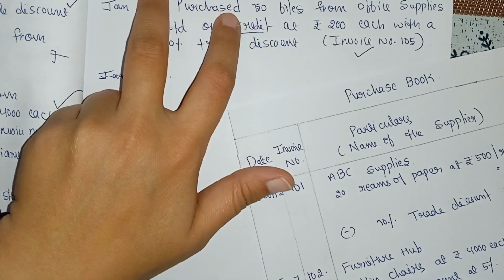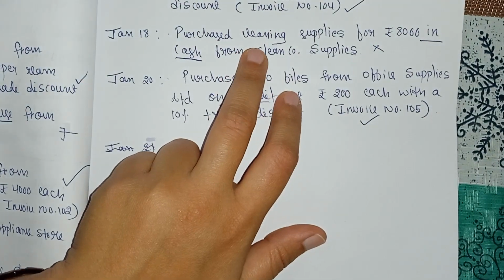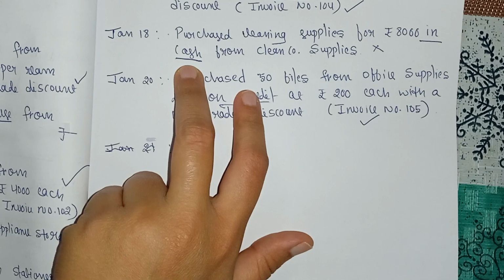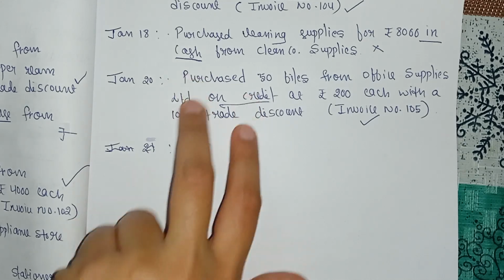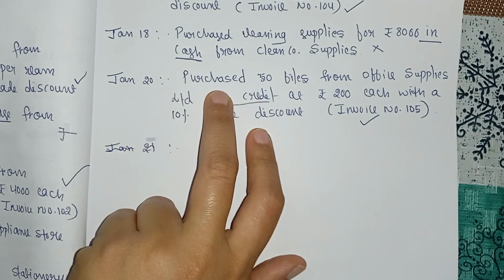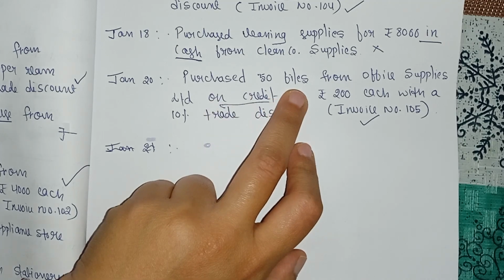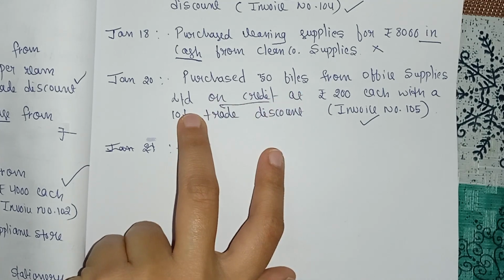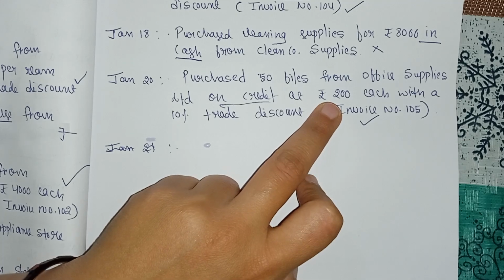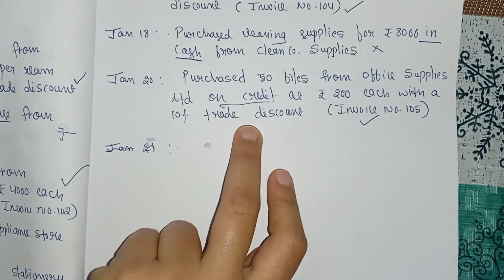Okay, next one, January 18th, purchased cleaning supplies for rupees 8,000 in cash. It will not come. And January 20th, purchased 50 files from Office Supplies Limited on credit at rupees 200 each with 10% trade discount.